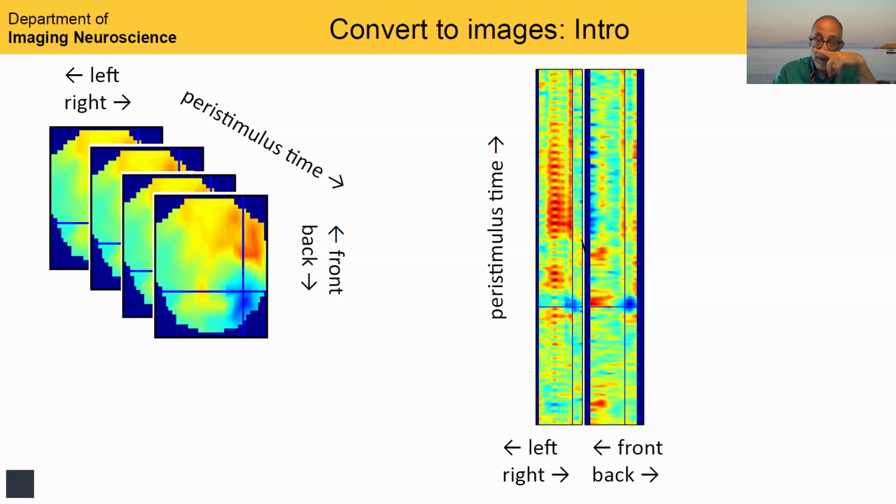There are two columns, where left, right is the x-axis on the left column, and front, back is on the right column, with the crosshair on the right column.